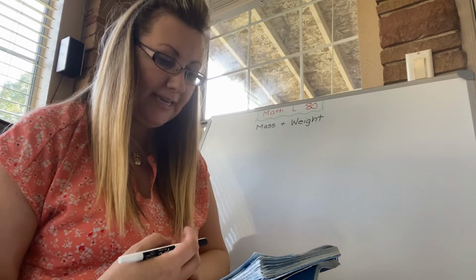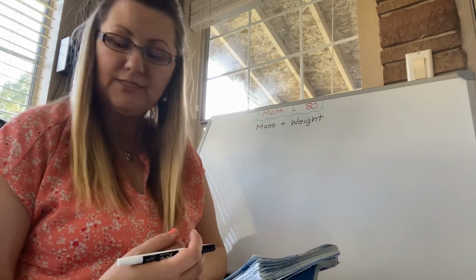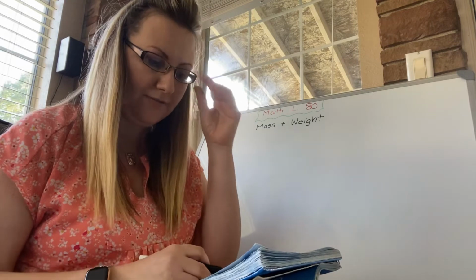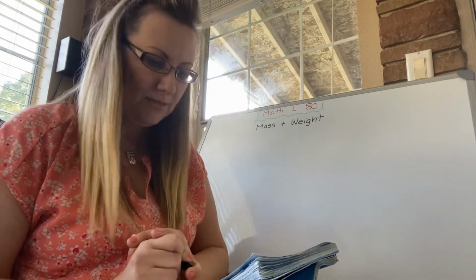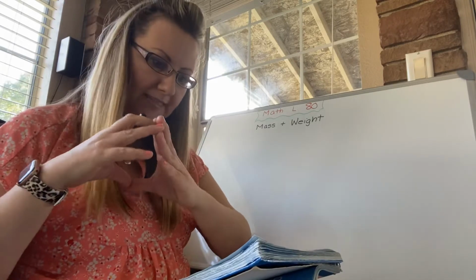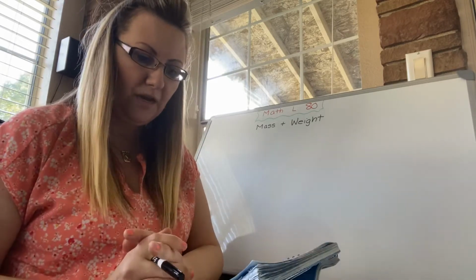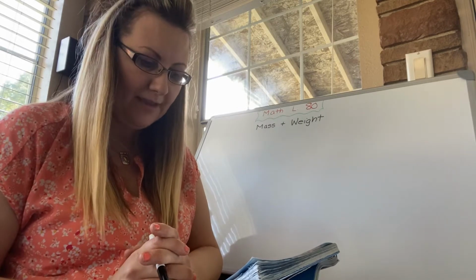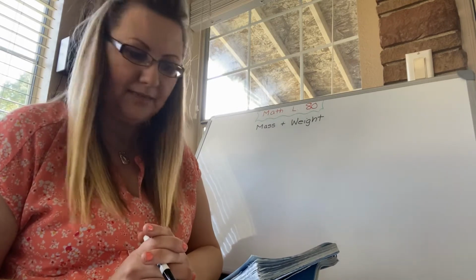And for letter E, it was a powers and roots problem. It said compare the square root of 16 minus the square root of 9, then there's the circle for comparison, to 1 squared, or 1 to the second power. And you should have had equals.